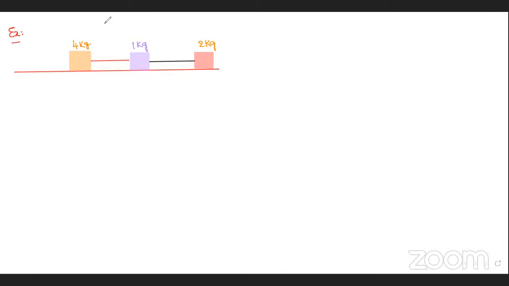And look at the direction of force. Here for your convenience, I'm taking only one force, suppose this is some 21 newtons.